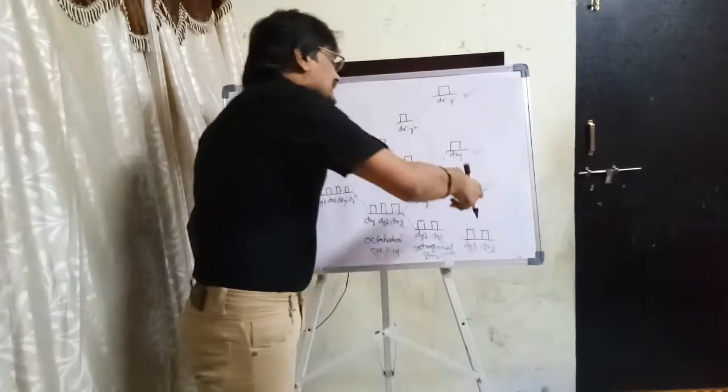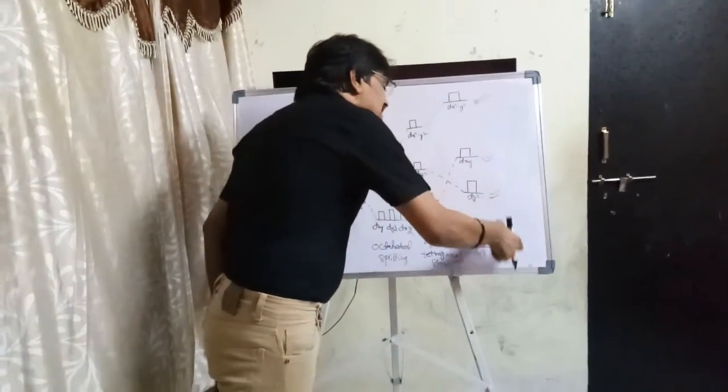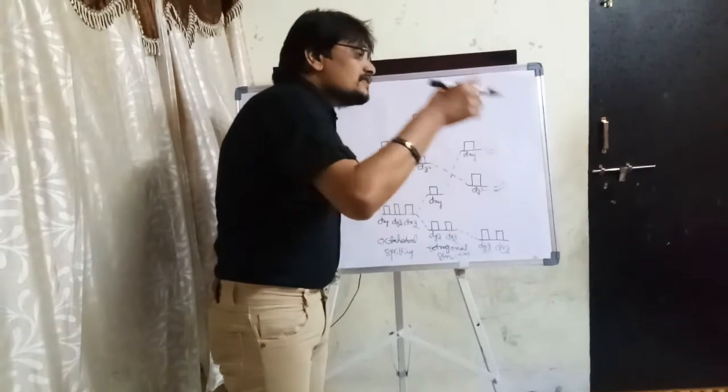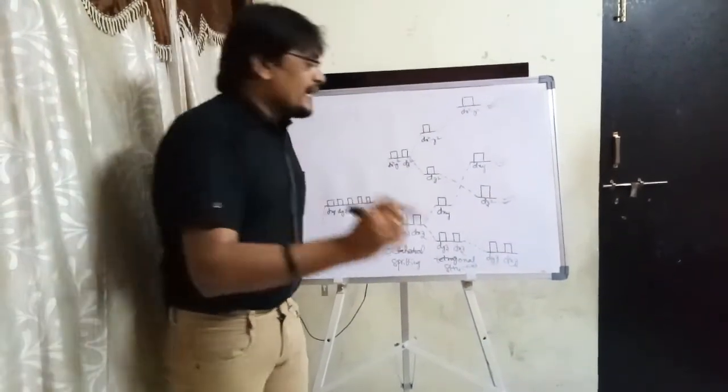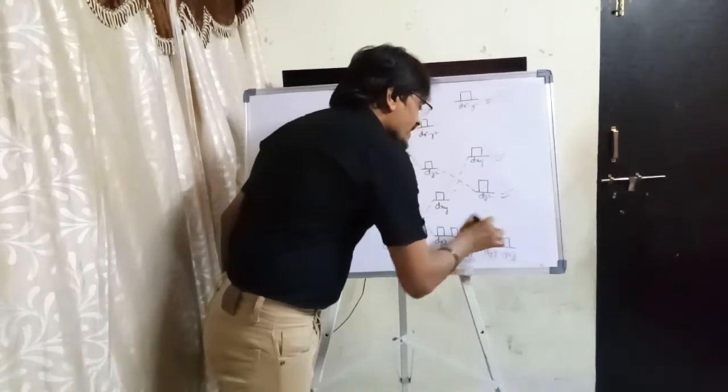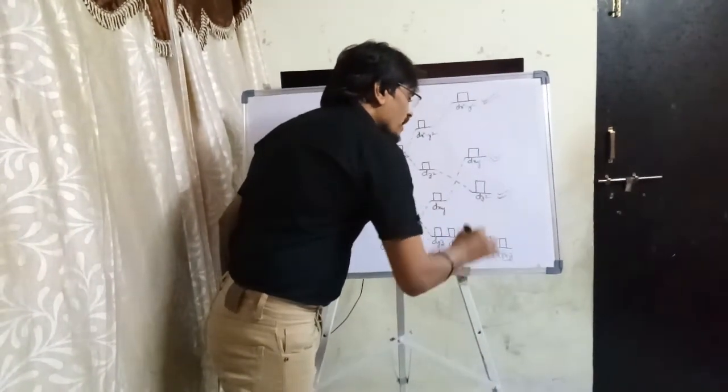That is the reason the dyz and dxz in the case of square planar splitting are degenerate d orbitals. That is, the energy associated with dyz and dxz is the same.